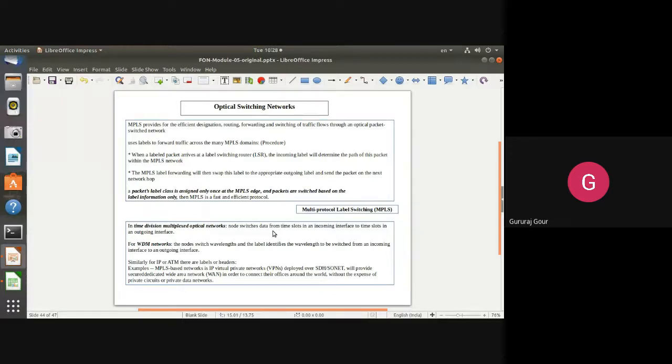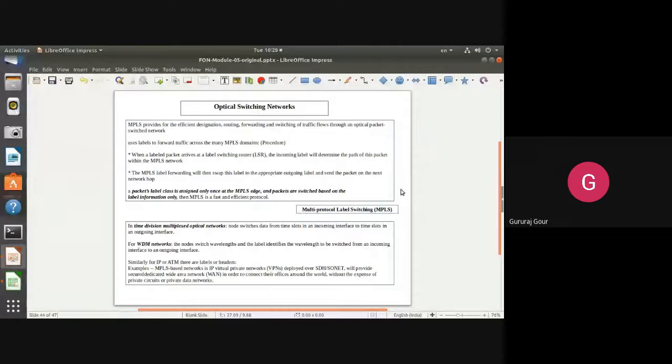It provides a secure dedicated WAN for business purposes, where different offices around the world are interconnected without the expense of using any private circuits or data networks. These are the three examples where you can see the usage of MPLS.